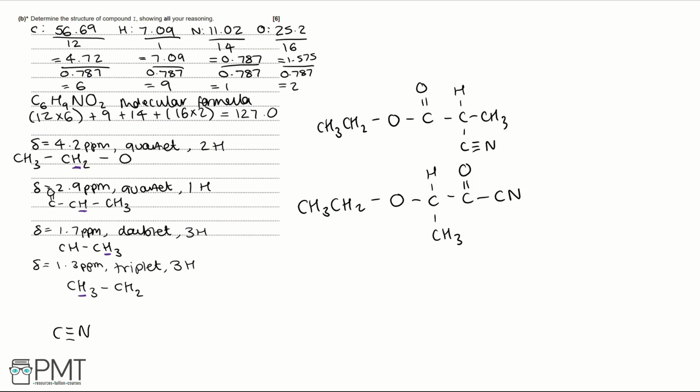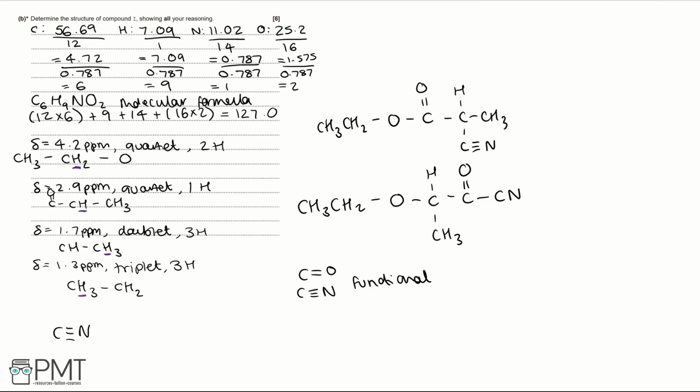The last part of this question is to confirm the functional groups. So we have a carbonyl and a nitrile functional group in our two compounds, and these are the two possible compound I's based on the data we've been given. Now, even though we don't have the IR spectrum, we were able to work backwards and find out that we need to have a carbonyl group to have the correct proton environment chemical shift value.